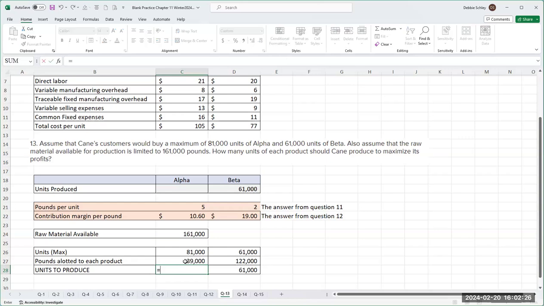So equals that 39,000 pounds divided by 5 pounds per unit for alpha. So I'm going to make 70,800 units of alpha. So you just have to be really careful to do all the steps. Don't stop before you get it down to what they're asking for. They wanted it in units. So don't stop at pounds, take it all the way to units.